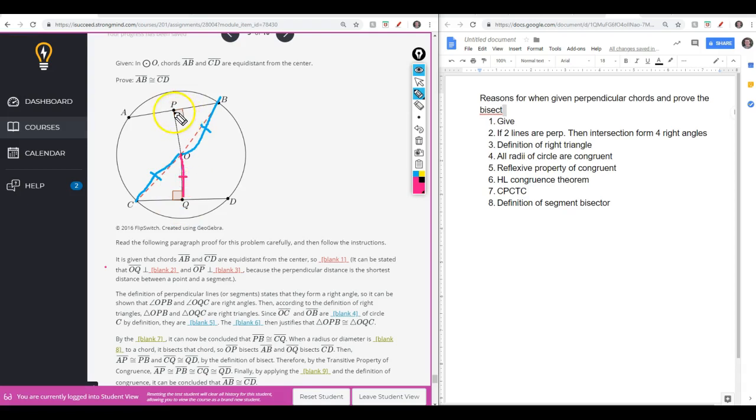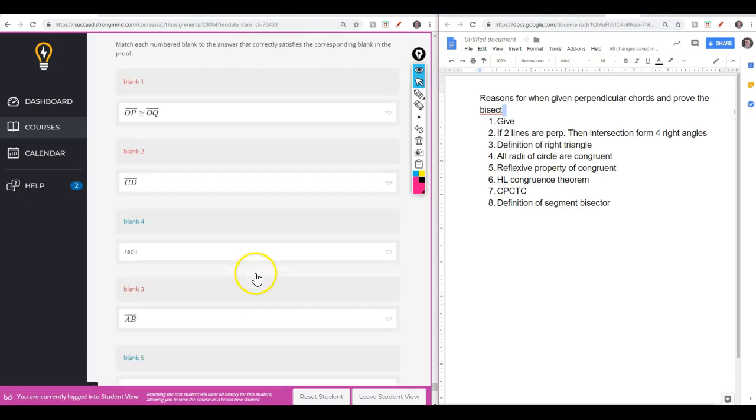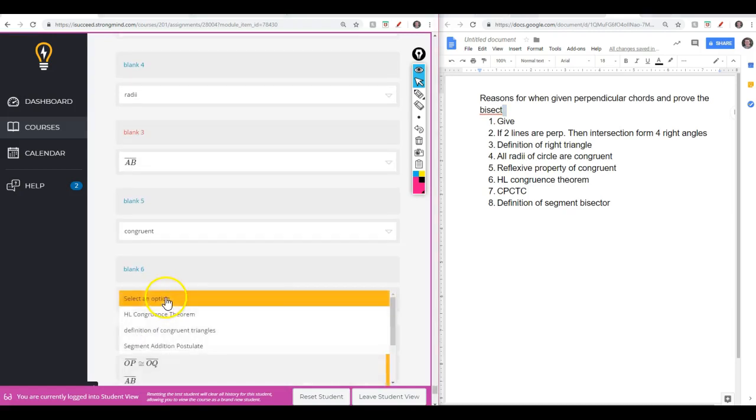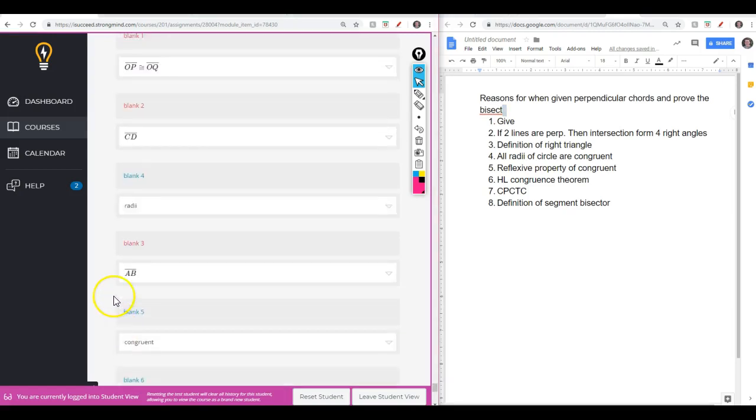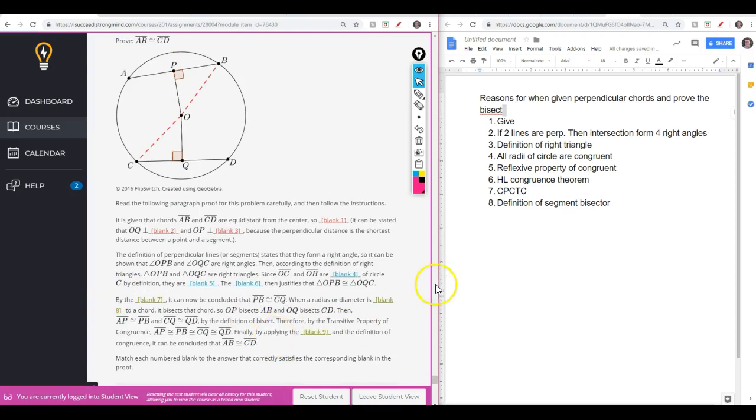So OQ and OP are congruent. So we have a hypotenuse and a leg, a hypotenuse and a leg. So for blank 6, I am looking for hypotenuse-leg, because that's what we just showed that we had.